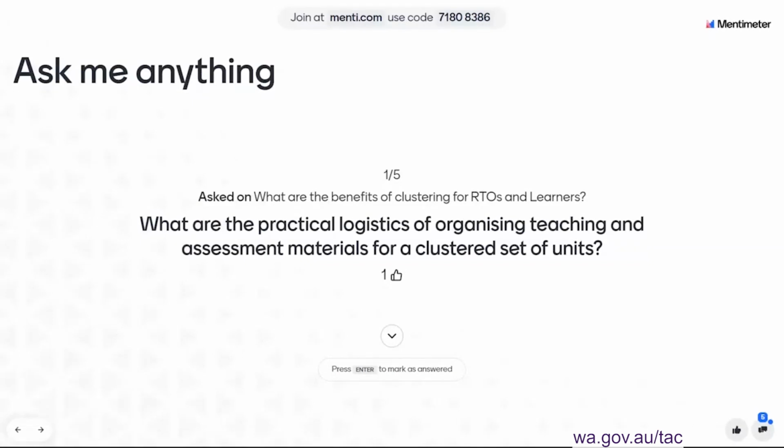And of course, often those materials tend to be a little more substantial than a student might be used to in comparison to a single unit of competency. So you would certainly need to work with the students to help them understand how to actually use the materials and understand that those materials actually sit across many units rather than just one.